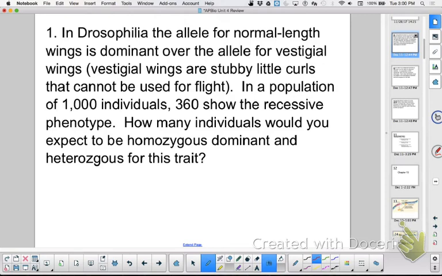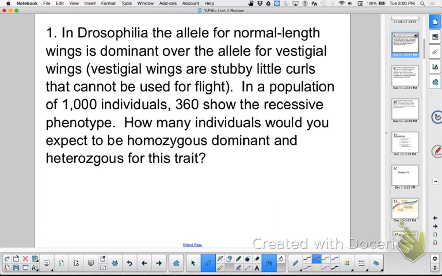All right? Okay, so let's talk about this one. Normal length wings is dominant over the allele for vestigial wings. So in a population of 1,000 individuals, 360 show the recessive phenotype. What does that 360 represent?